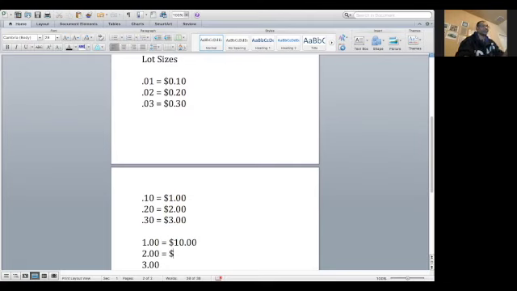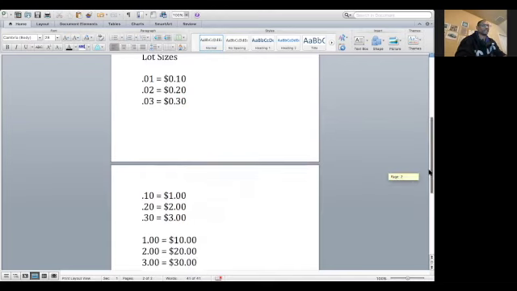Let's do the same, 2.00 equals $20. Do it again, 3.00 equals $30. And so on and so forth. That will be how you calculate your lot size.